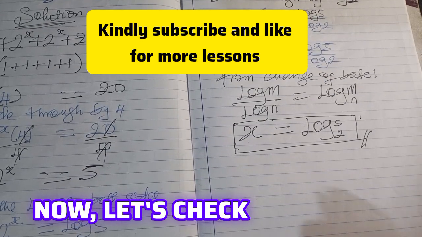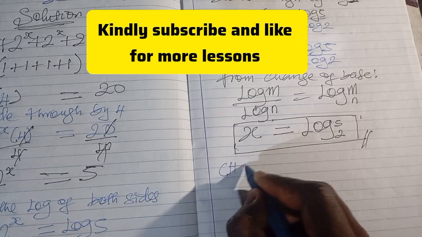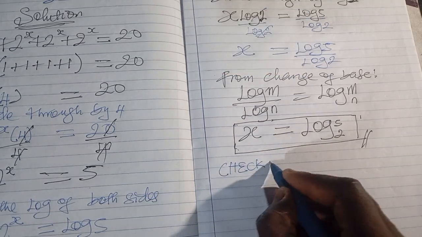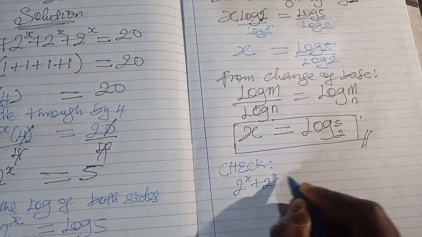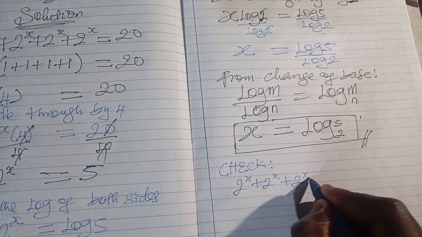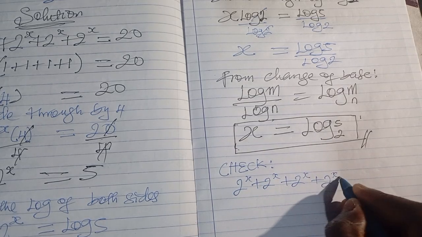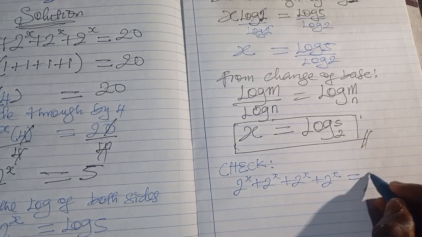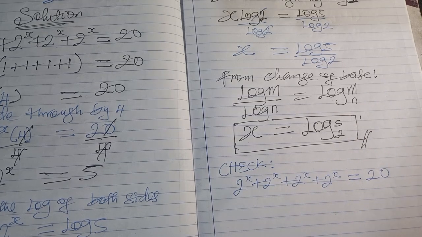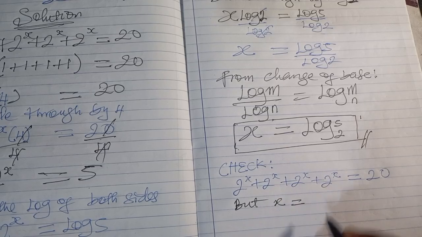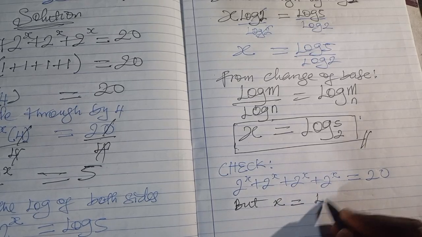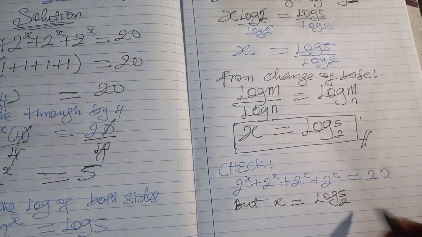Now let's check. We are given 2 raised to the power x plus 2 raised to the power x plus 2 raised to the power x plus 2 raised to the power x as 20. But x equals log 5 base 2.